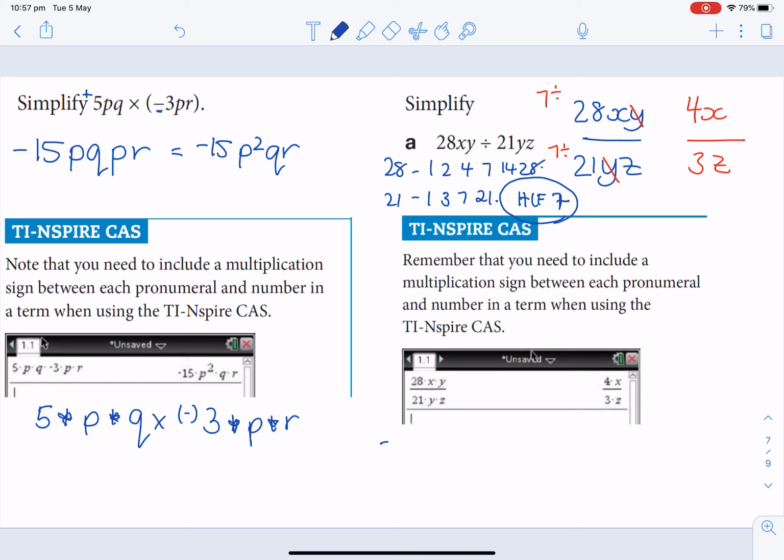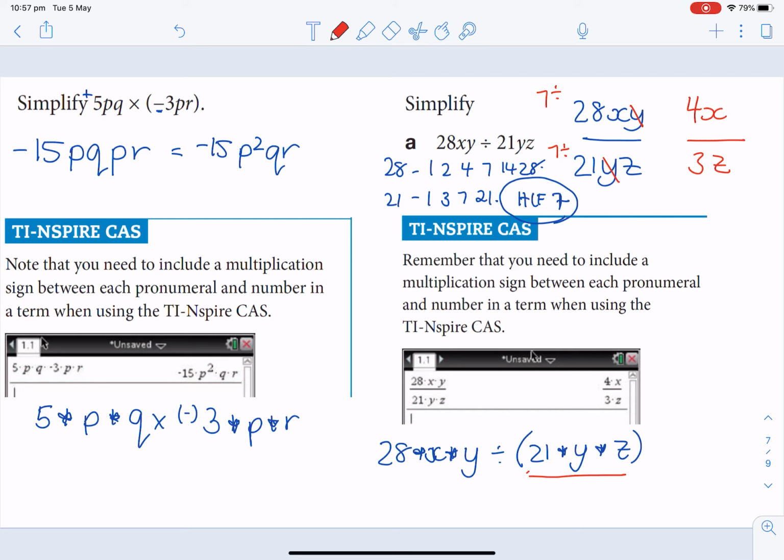So you could do 28 times x times y divided by, open bracket, 21 times y times z, close bracket. So what that means is that instead of dividing by just the 21, it's dividing by that whole term because that's encased in the brackets.